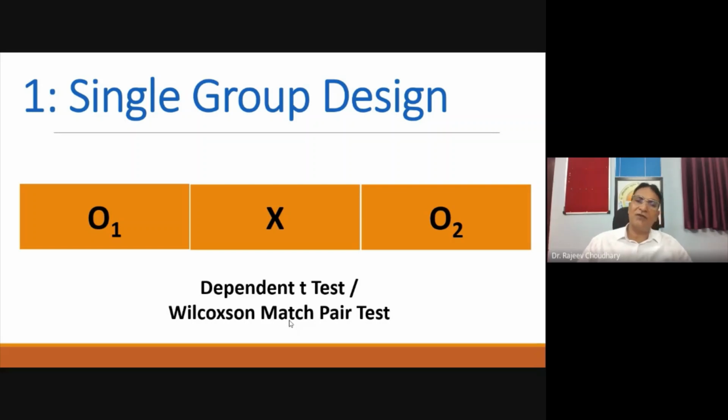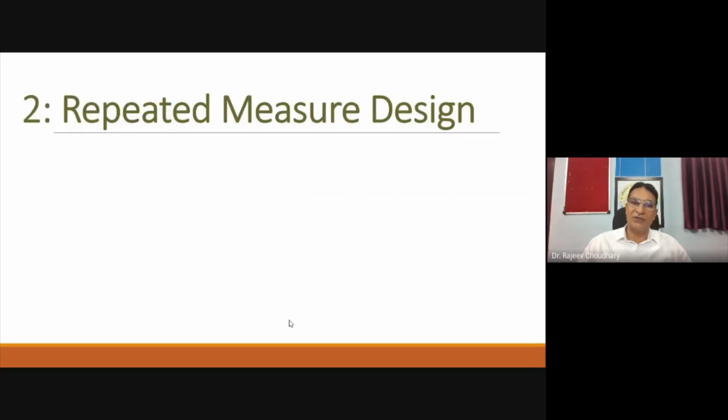The same study, effect of morning walk on blood pressure, may be conducted by using this design also, the repeated measure design. What do we mean by repeated measure design? Same as the previous one, we have O1. O1 means observation 1, the pre-test. Then X is given, the treatment, the morning walk.